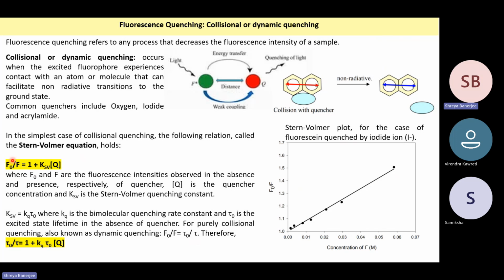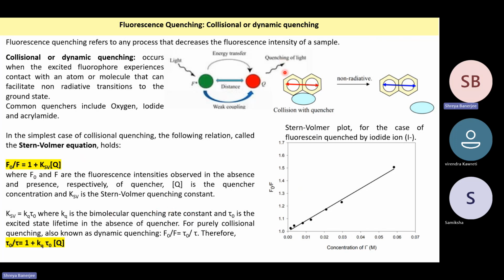So instead of F0 by F, we can write tau 0 by tau is 1 plus, instead of Ksv, Kq tau 0, where tau 0 is the lifetime in the absence of quencher, and Kq is the rate constant.